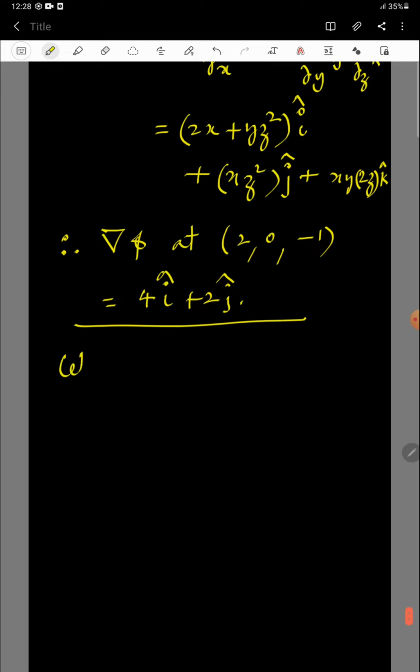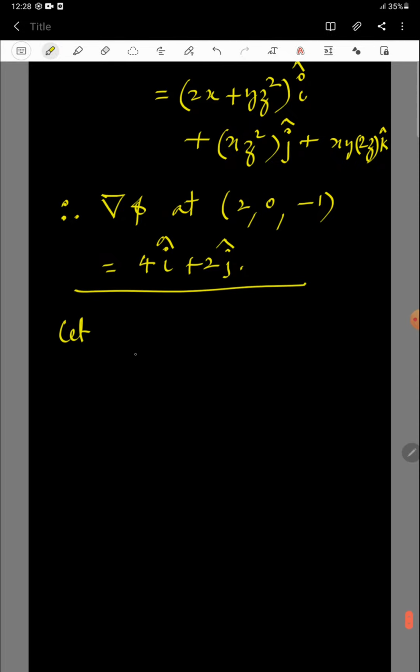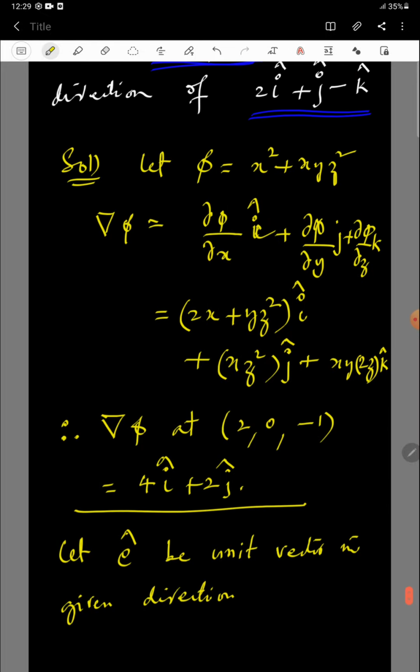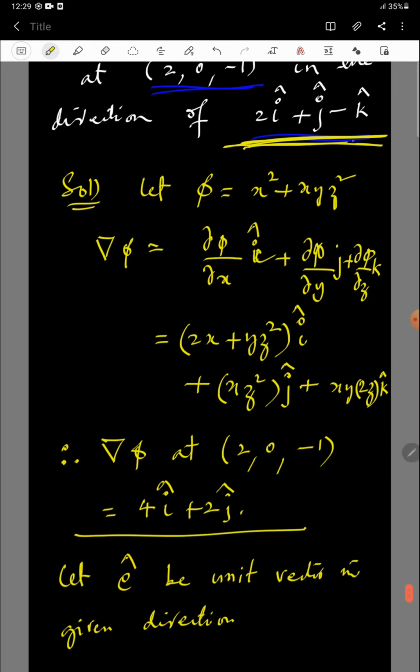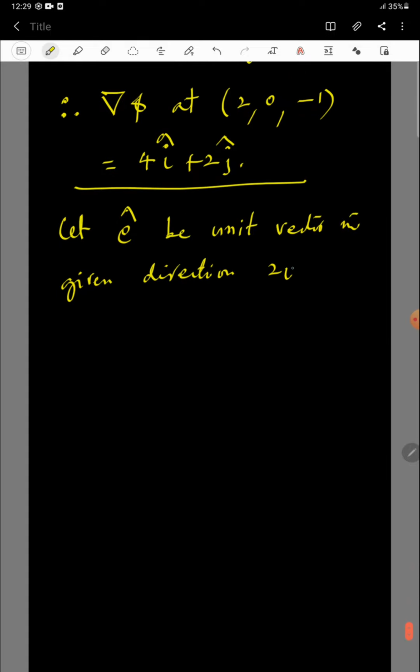Second part is, you have to create a unit vector, call it e. Suppose let e be the unit vector in the given direction. The direction is given as 2i plus j minus k. So therefore that e bar is equal to, we have to divide that given vector by the length of that vector.